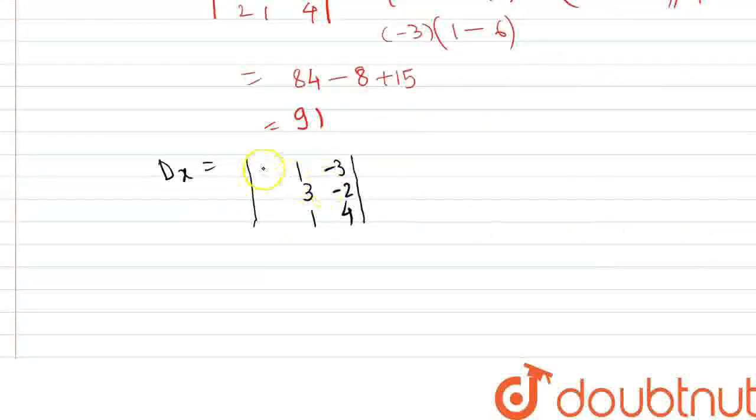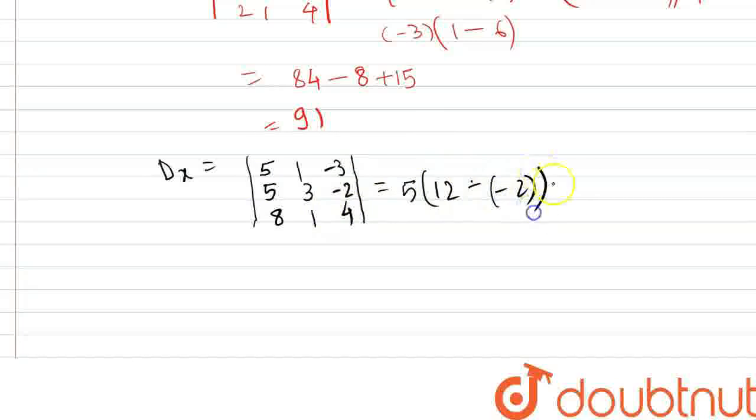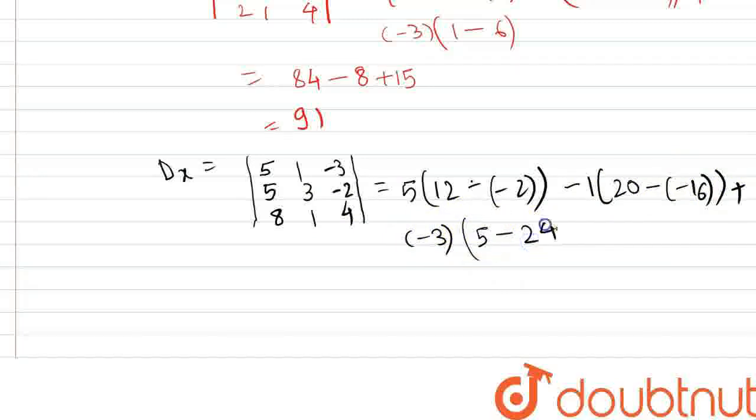On calculation, we get 5 times (12 minus minus 2) minus 1 times (20 minus minus 16) plus minus 3 times (5 minus 24).